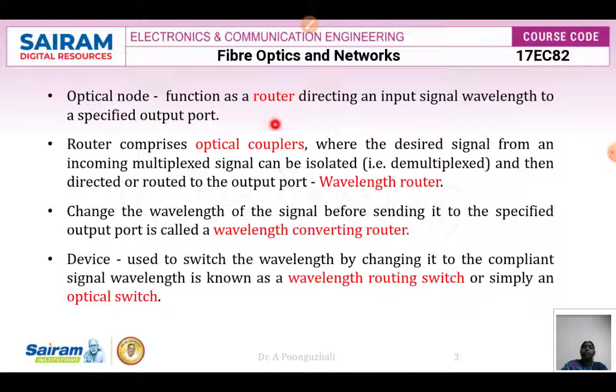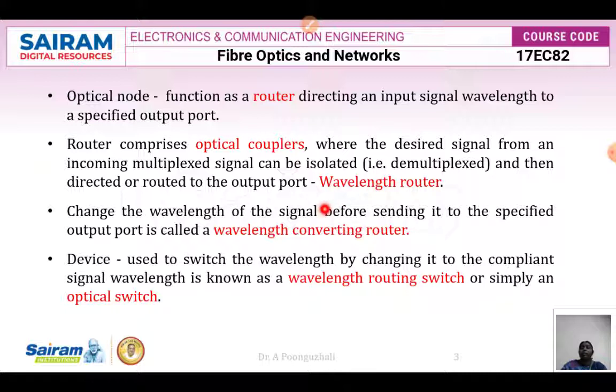When it functions as a router, it directs the input signal's wavelength to the specified output port. Your router consists of an optical coupler, where the desired signal from the incoming multiplex signal is isolated, and then directed or routed to the output port. This is called a wavelength router.